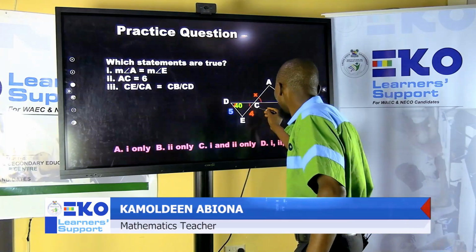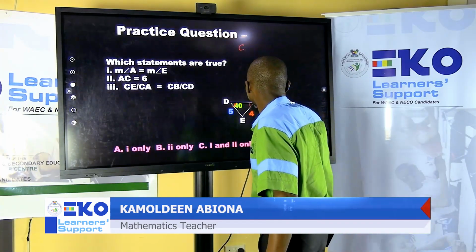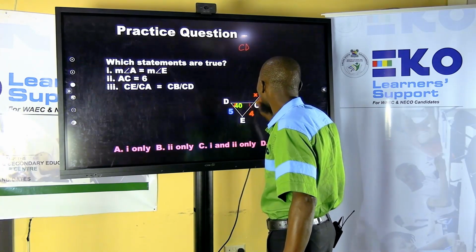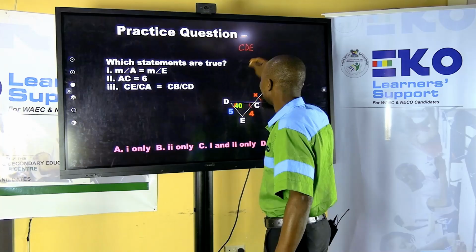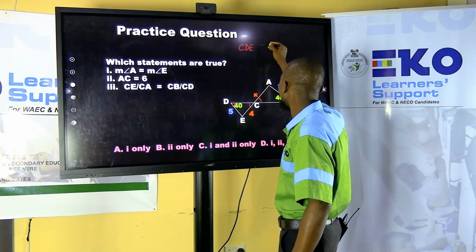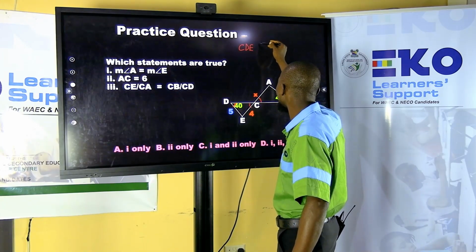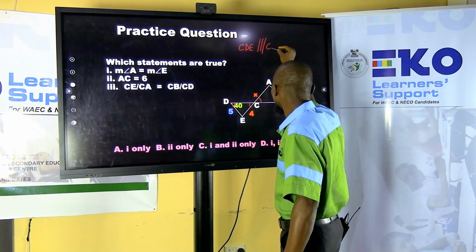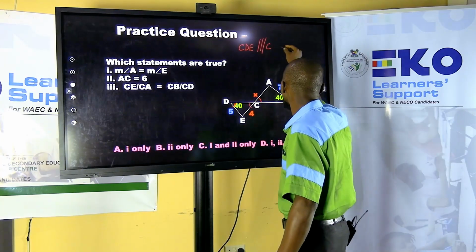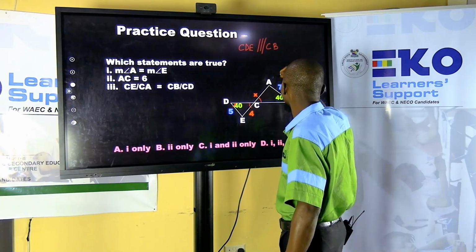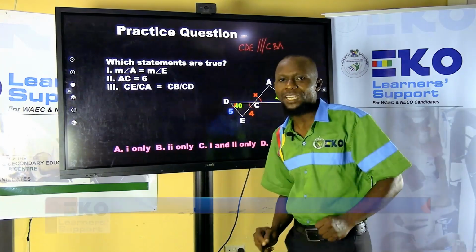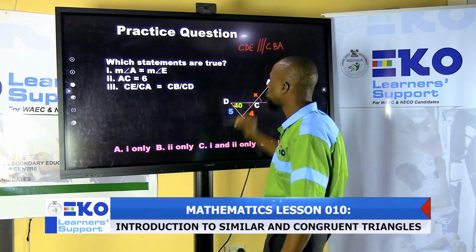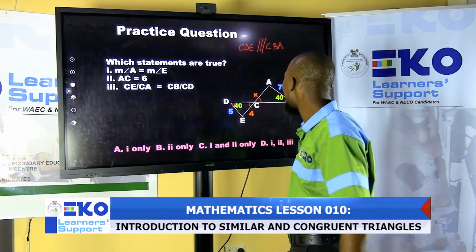We can say that C, mark 1, D, mark 2, and the other one without a mark, E, is similar to C, mark 1, B, mark 2, and the one without a mark, A. So we can say that triangle CDE is similar to CBA.